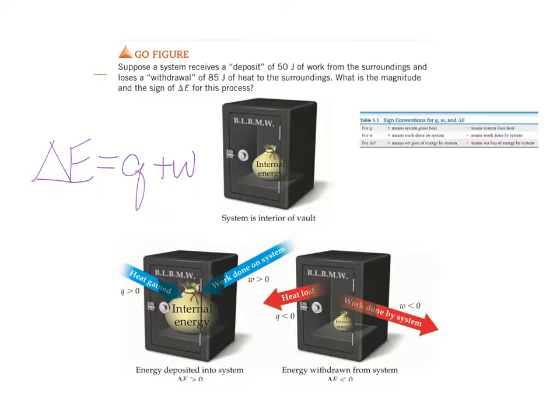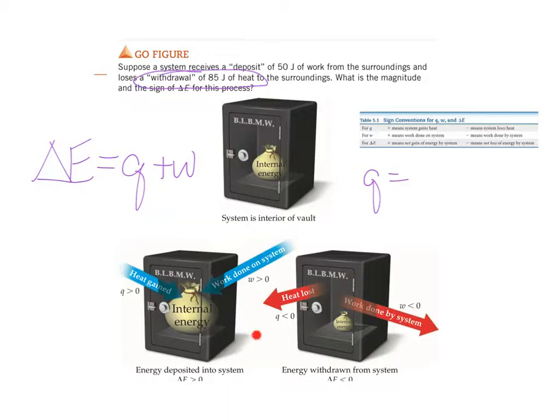We're using a safe as an analogy for the system. Our Q, our heat, what happened to our heat? We lost heat. Here we're showing that heat with arrows coming out of the system.